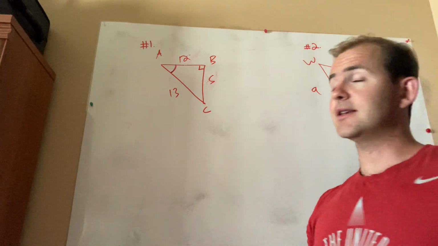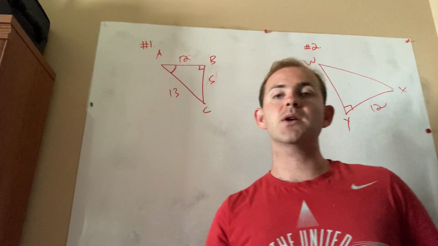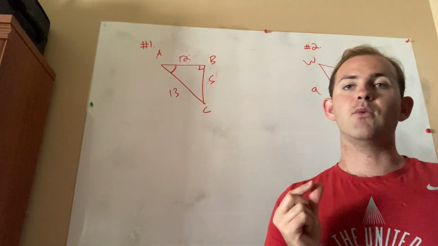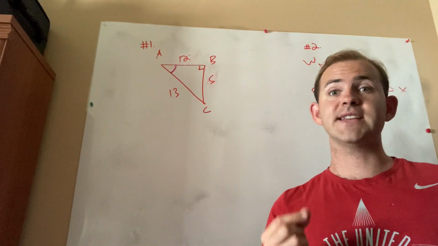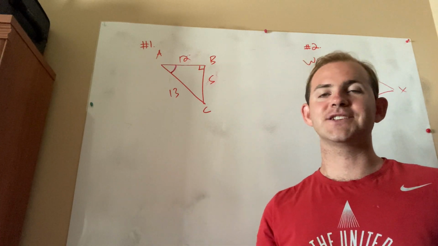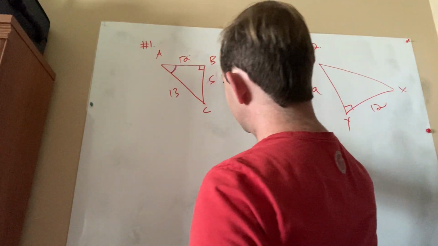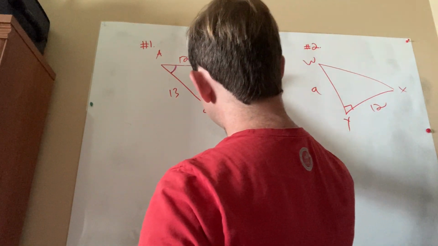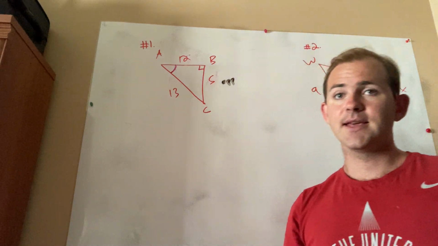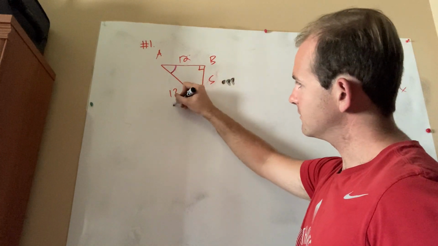Okay, so strategically here, the most important thing I can do is label. I want to say what's O, what's A, and what's H. Those are the abbreviations for opposite, adjacent, and hypotenuse. So my opposite is the one right across from it, so I'm going to label the 5 as my opposite. I know the hypotenuse really easily because it's across from the right angle, right?